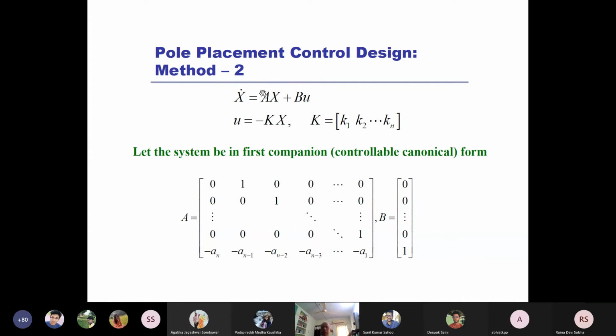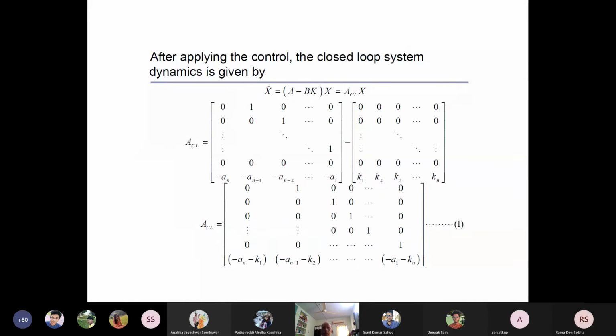Once I write this in a controllable canonical form, then I write the ACL matrix, which will be A minus BK. So I will get the ACL matrix in terms of the coefficients a_n and the controller gains k1, k2, and kn.